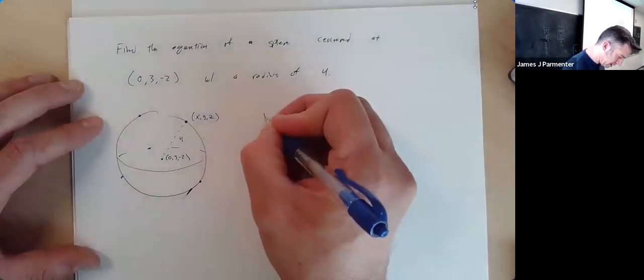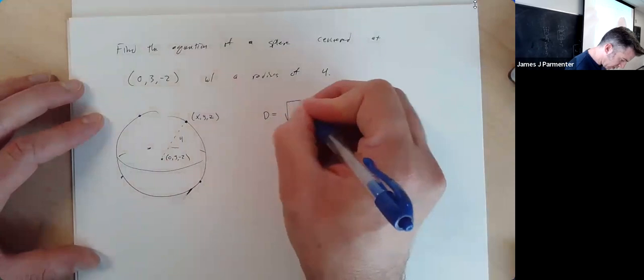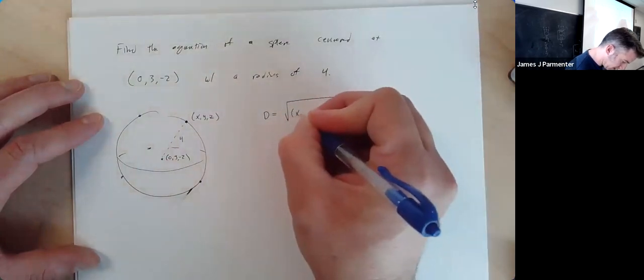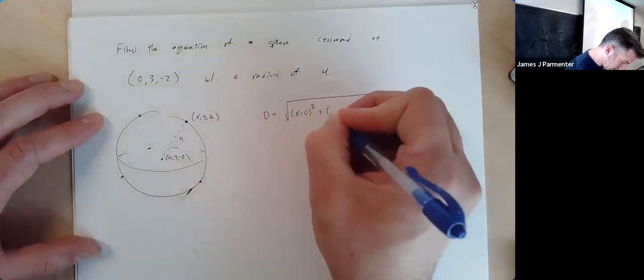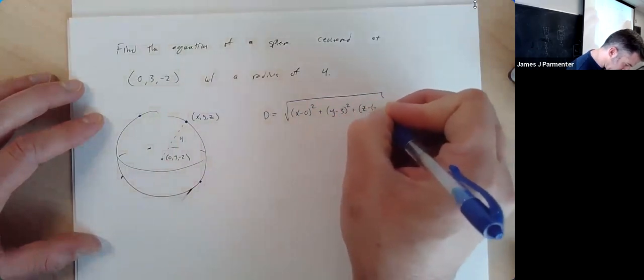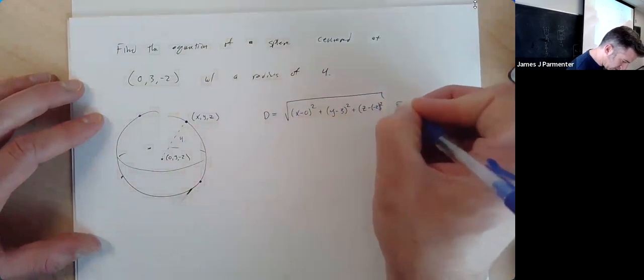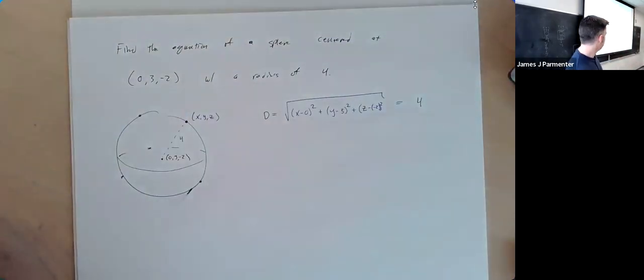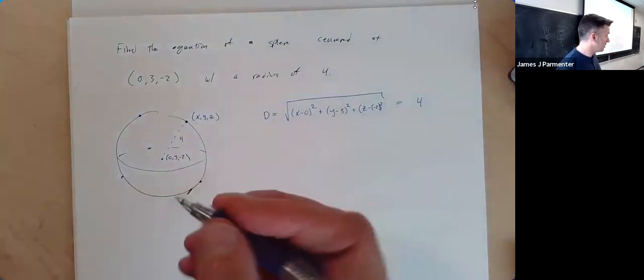So when I say, well, my distance is the square root of x minus 0 squared plus y minus 3 squared plus z minus -2 squared, and that's equal to 4, because that's what the distance formula says it has to be. Well, then if I square both sides, I exactly get the equation of the sphere.